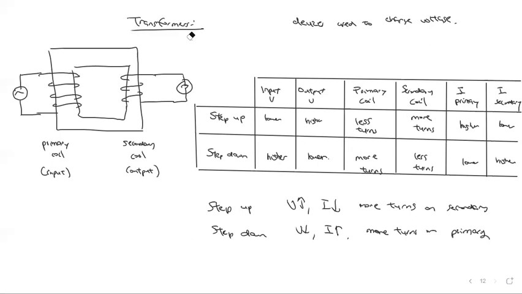And not only do we know it has more turns, you basically have a formula for it. It's proportional to your voltage. So the voltage in your primary over the voltage out in your secondary is directly proportional to the number of coils on the primary over the number of coils on the secondary. And the reason that's the case is basically because of Faraday's law.